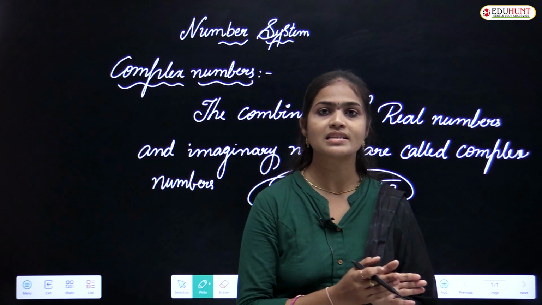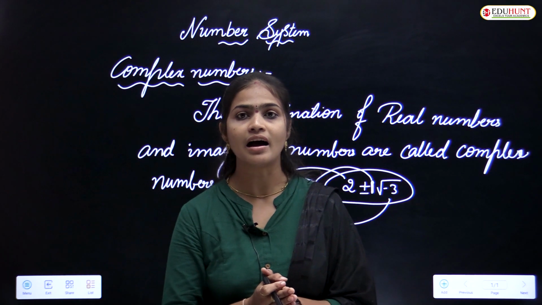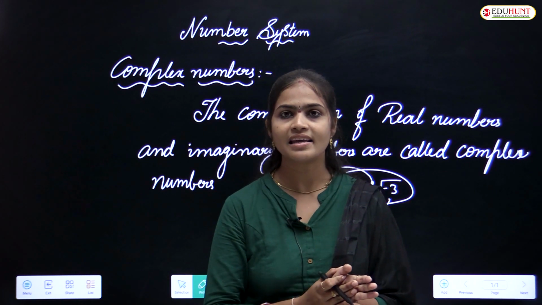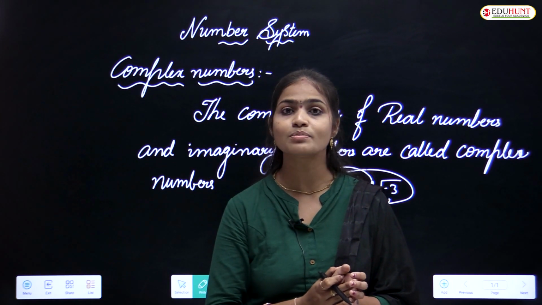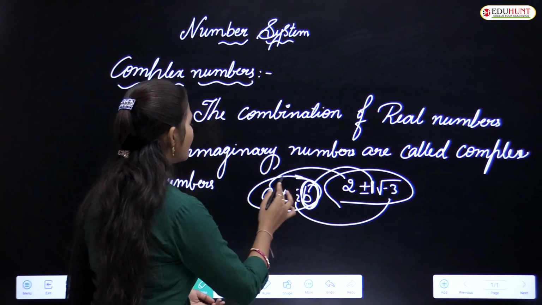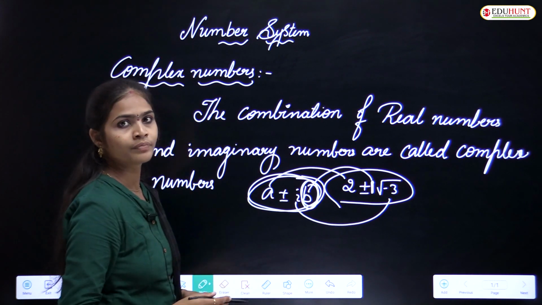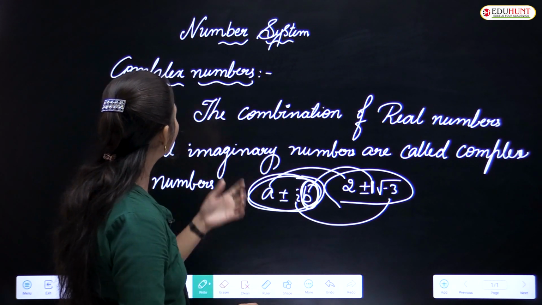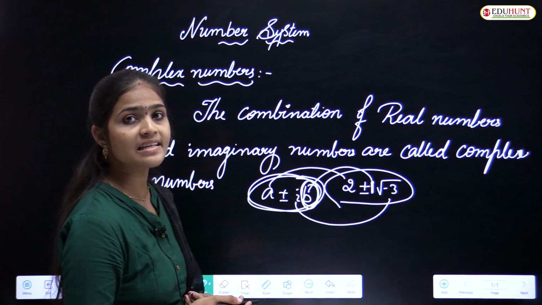Next, real numbers represented by R. Next, imaginary numbers represented by the small letter i. Next, complex numbers, which are in the form of a plus or minus ib. If numbers are in this form, then we will call those numbers complex numbers.